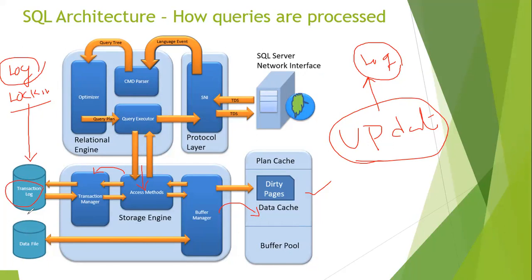That is what we call write ahead logging. Write ahead logging is nothing but writing into the transaction log before even updating the actual data pages. Why is that needed? Can anyone tell me why we have to write into the transaction log before we update the data pages?